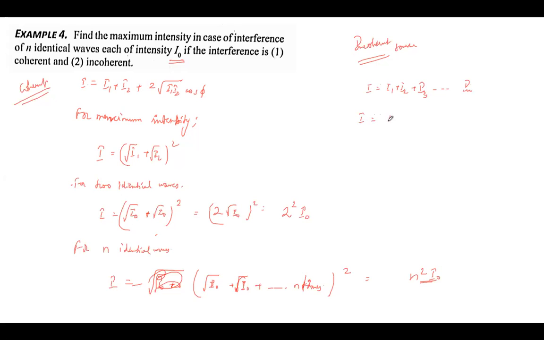I is equal to I0 plus I0 plus I0 n times कर लेंगे इसको, तो I is equal to n times I0 होगा. ठीक है, ये यहाँ पे इंटेंसिटी I is equal to n स्क्वायर I0 हो रहा है और यहाँ पे n I0 हो रहा है. क्लियर है बच्चों? तो इनकोहेरेंट सोर्सेस में n I0 और कोहेरेंट सोर्सेस में n स्क्वायर I0.